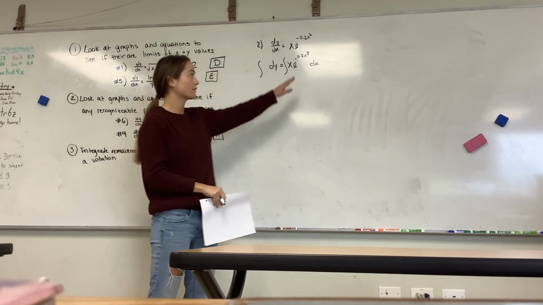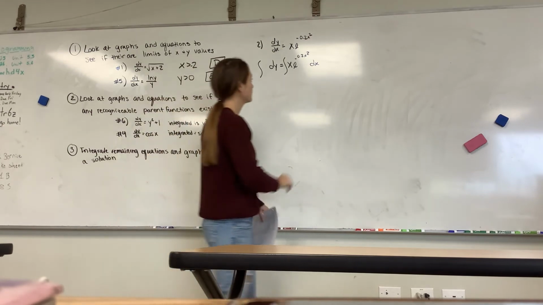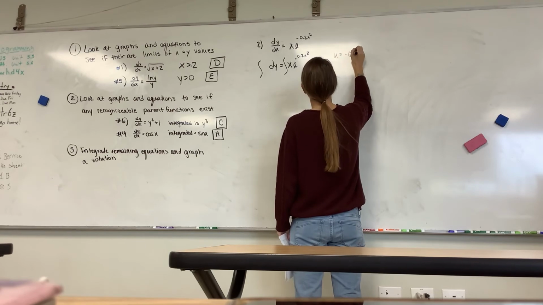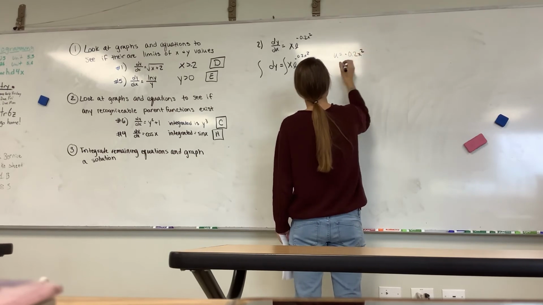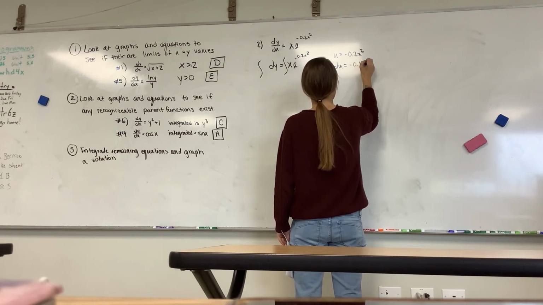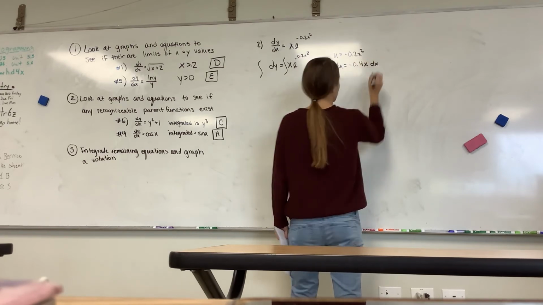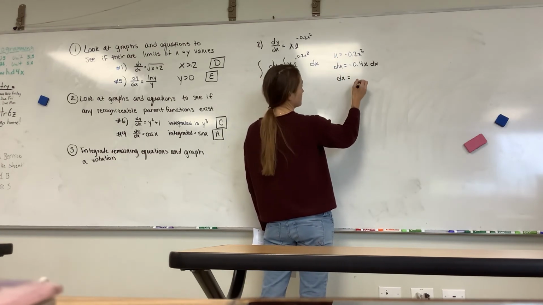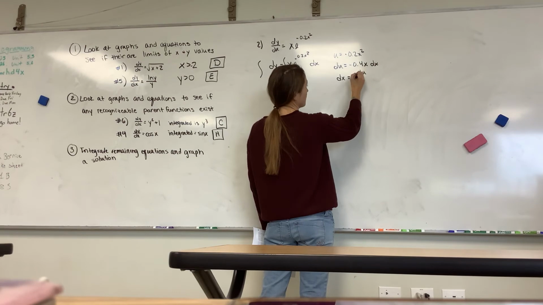I don't know how to integrate this, so I need to set up a u. If I say that u is equal to negative 0.2 x squared, then I get du is equal to negative 0.4 x dx. If I solve for dx, I get dx is equal to du over negative 0.4 x.